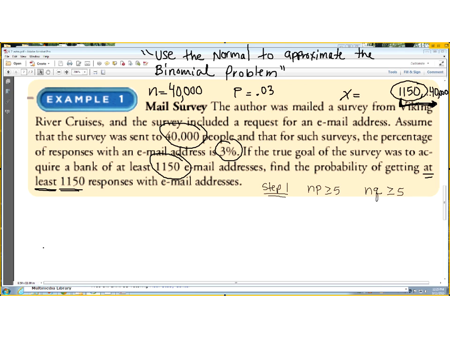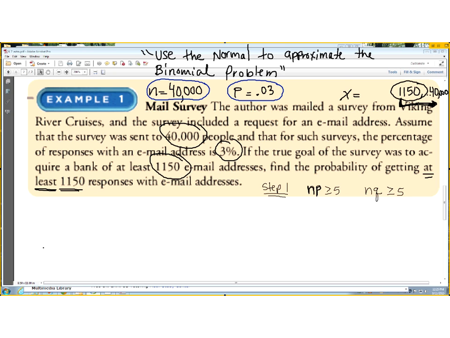Okay, so my first step is to verify that n times p is greater than or equal to 5. So go ahead and multiply n times p. So here's n, I'm just circling n, and here's p.